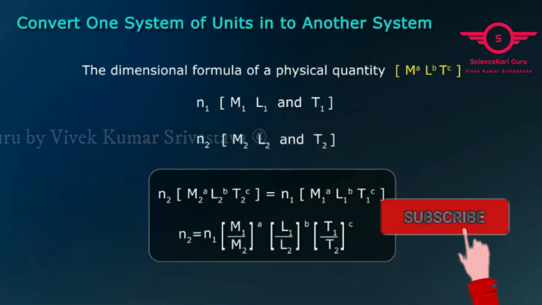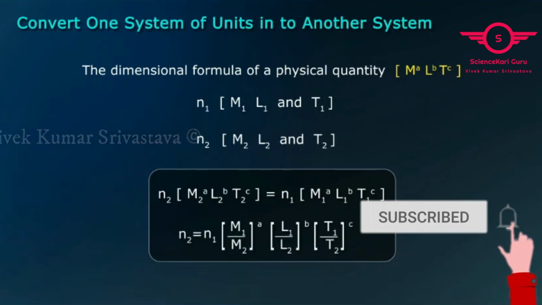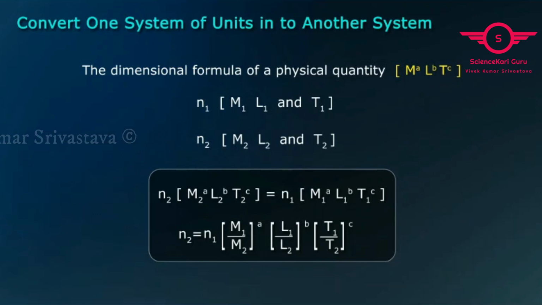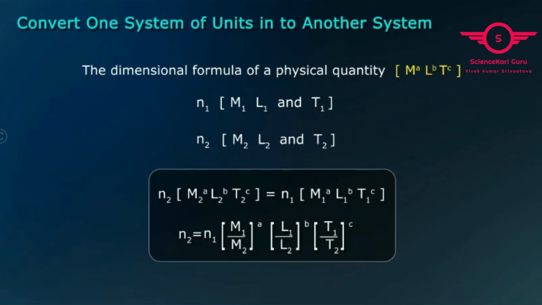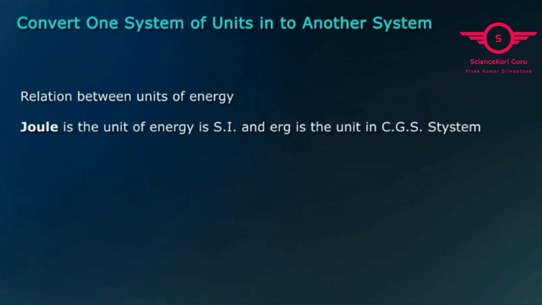Therefore, n2 is equal to n1 into M1 by M2 power a, L1 by L2 power b, T1 by T2 power c. As an example, let us find relation between units of energy. Joule is the unit of energy in SI and erg is the unit in CGS system.